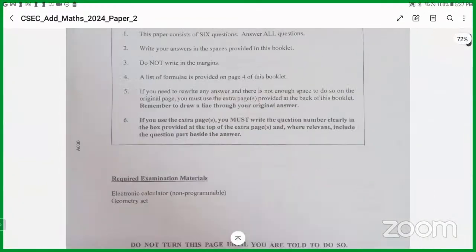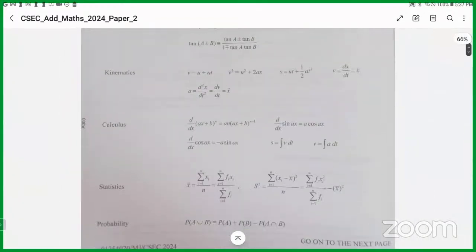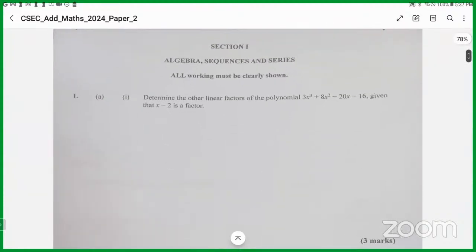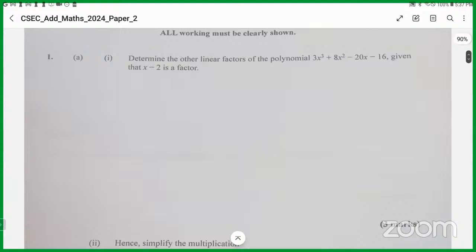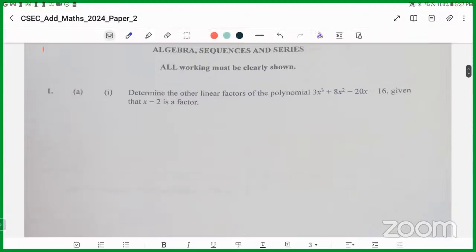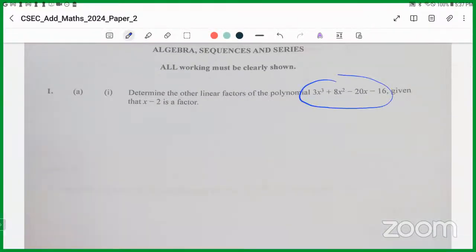Let me see if there's any polynomial on it. See it here? That's a polynomial right there. First question: determine the other linear factors of this polynomial, given that x minus 2 is a factor.